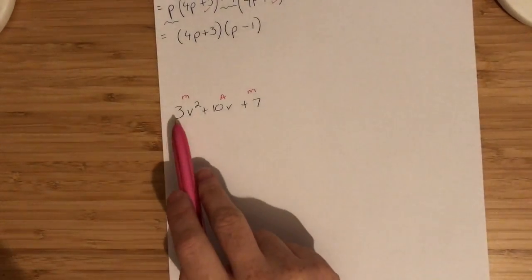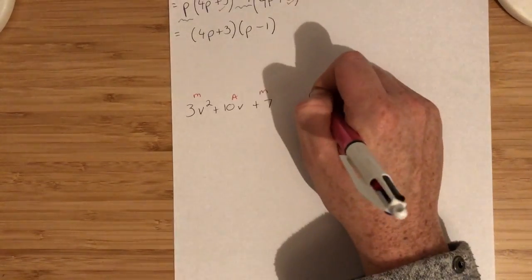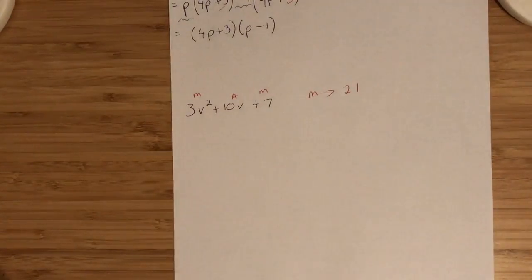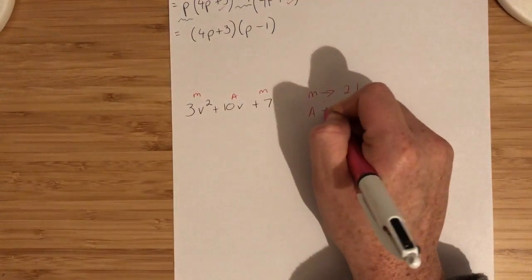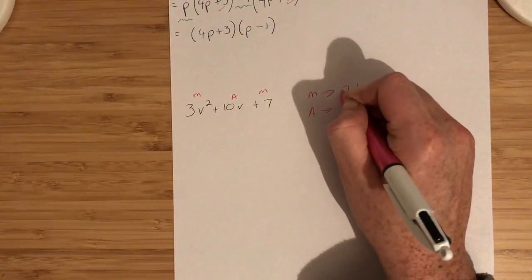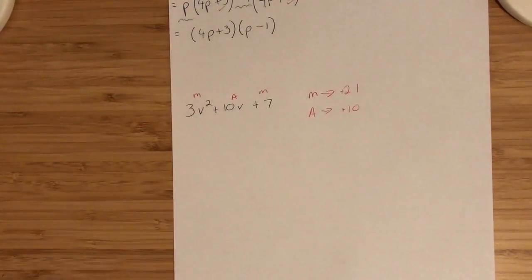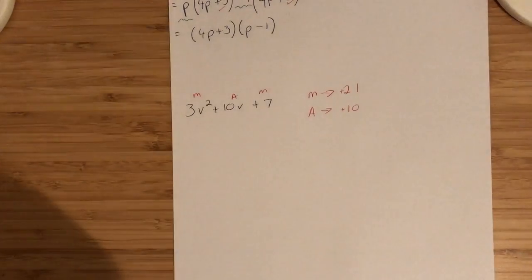So we're multiplying to 3 times 7, multiplying towards 21, and we are adding towards a 10. And if it helps, like I said in the last video, you can put those little positive signs in just to remind you that it is positive. So let's go through the factors of 21.